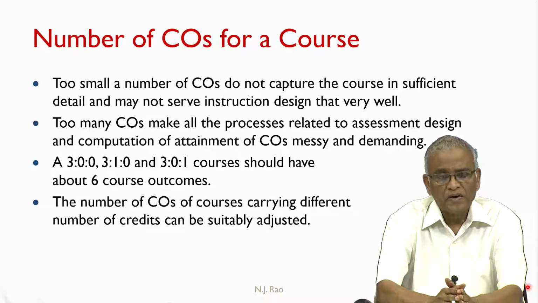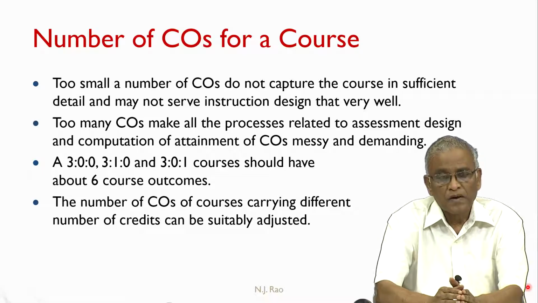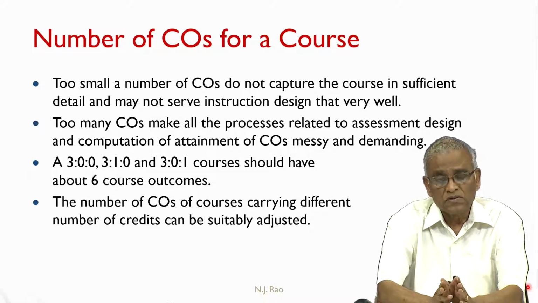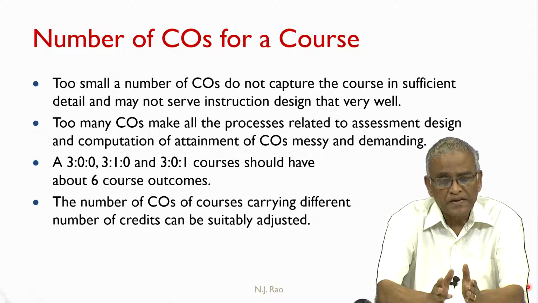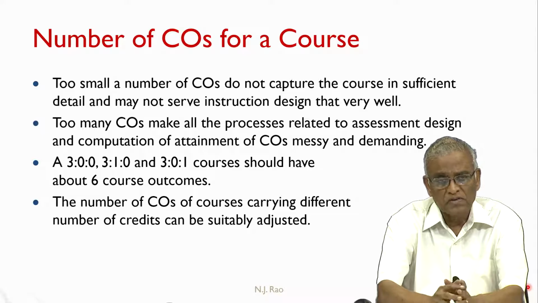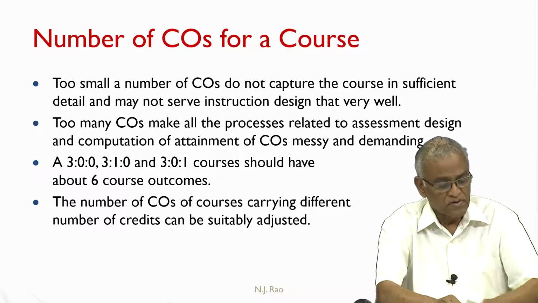For example, if you have something like 5:1:0, you can even have something like 10 course outcomes written, because the scope of the course is vastly increased from a 3 credit course.